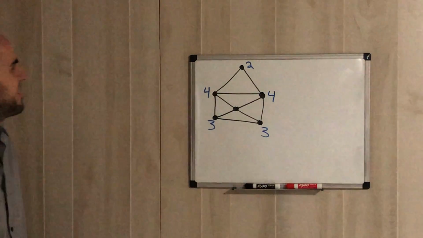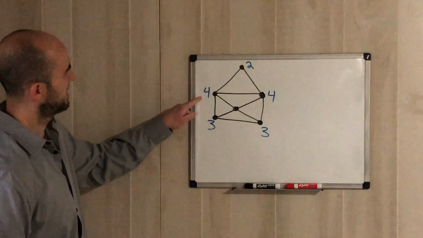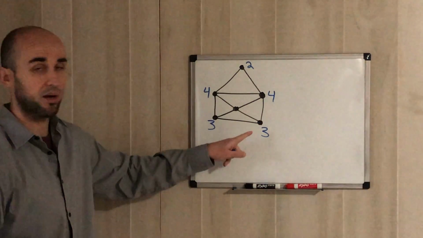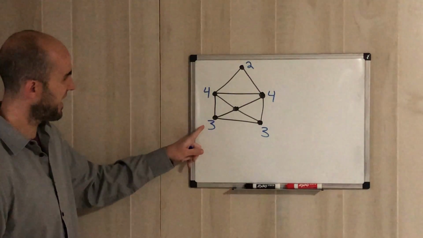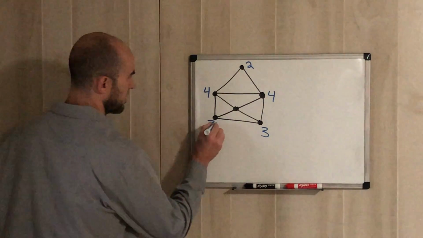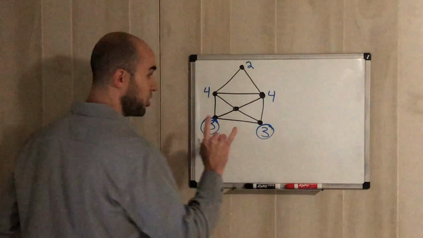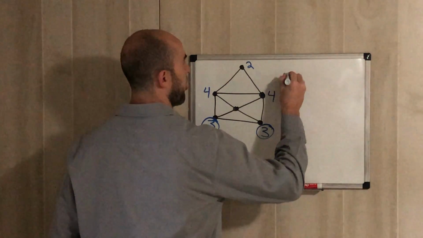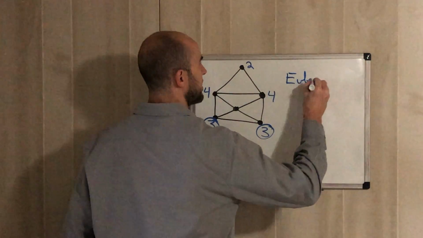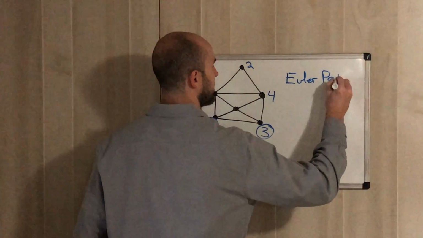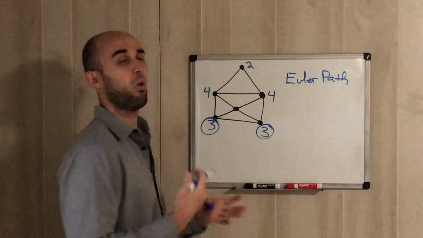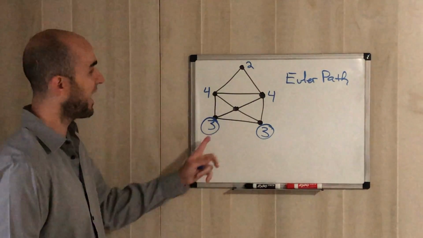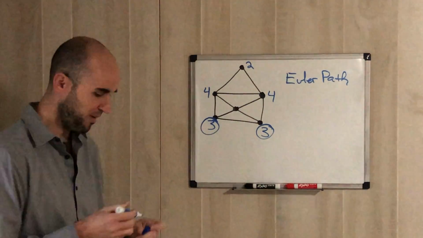So once we see that, we notice it has some odd number degrees, so it can't be an Euler circuit. And then we have to analyze it. It has 1, it has 2, and since it has 2, it's going to be an Euler path. Because again, the definition of an Euler path is 1 or 2 odd number degrees, and since it has 2 odd number degrees, that's why it's an Euler path.